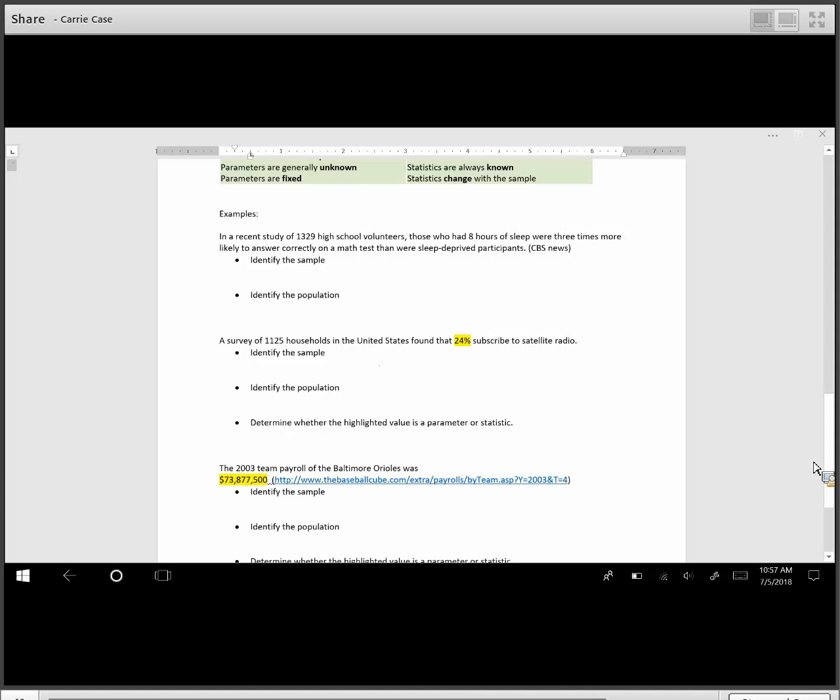The sample is this 1,329 high school volunteers. The population is not given to us here, but it is implied, and that's all high school students.